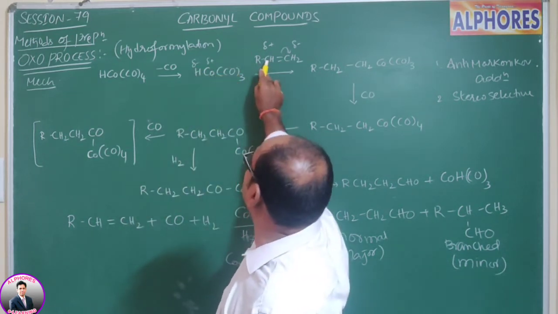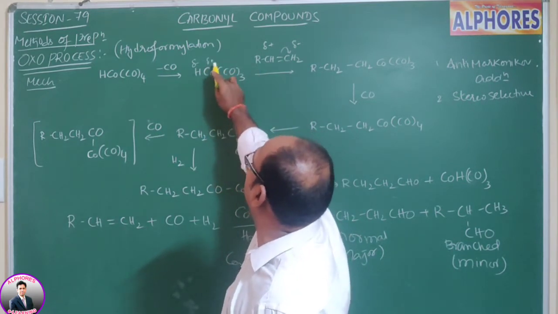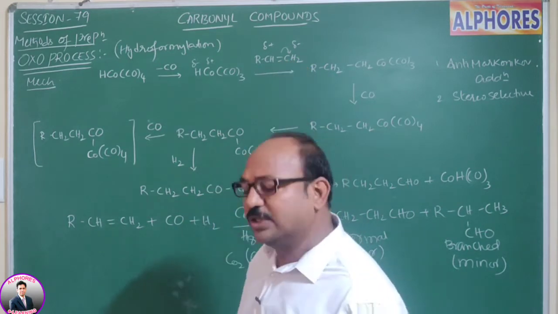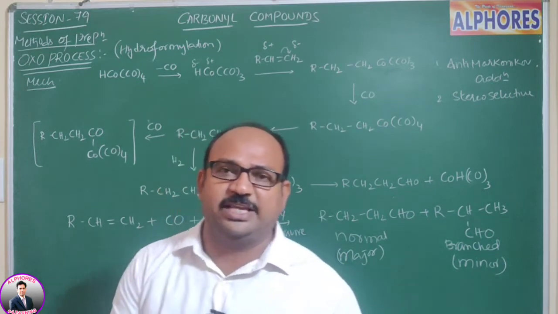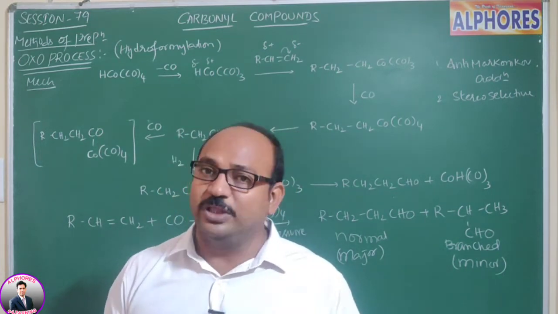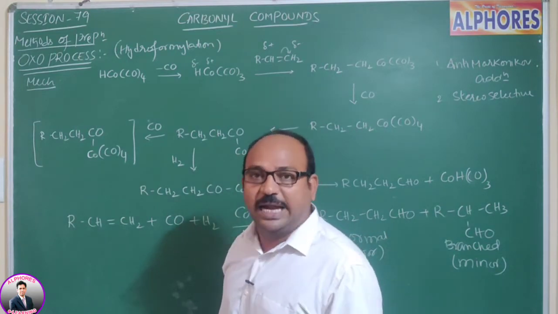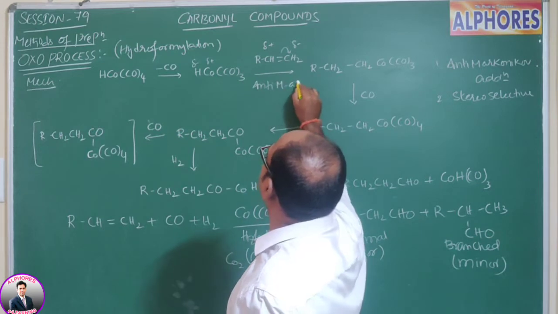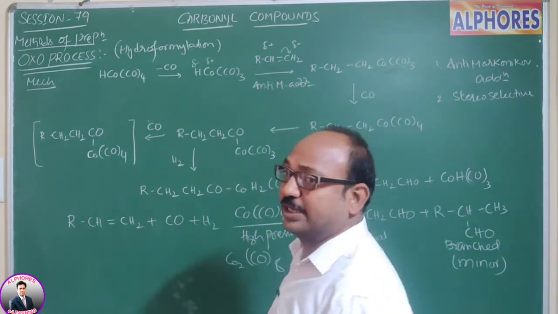So the negatively charged hydrogen comes and attaches to this carbon, and the positively charged cobalt metal attaches to the negatively charged carbon. Are they really going to split into ions as H minus and Co plus? No, the charges that appear here are partial charges, and the addition is anti-Markovnikov, and we get the anti-Markovnikov product.